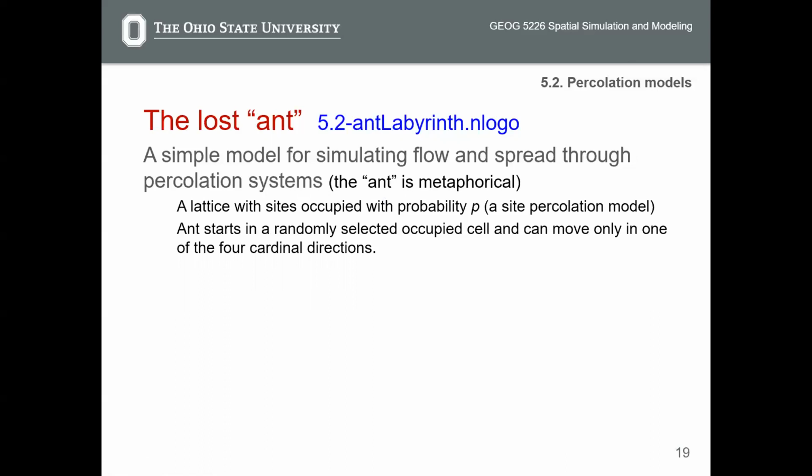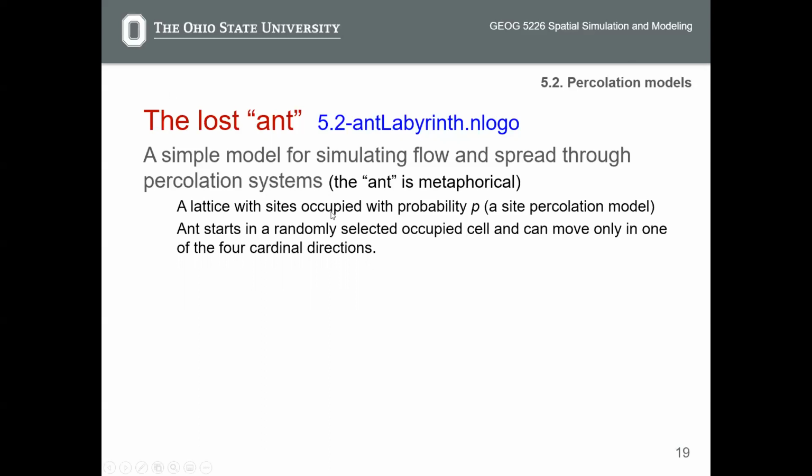Some part of this lattice is occupied, or you can say is empty, so the ant can move between these empty sites. But if a specific site is blocked, of course the ant cannot move in, right?